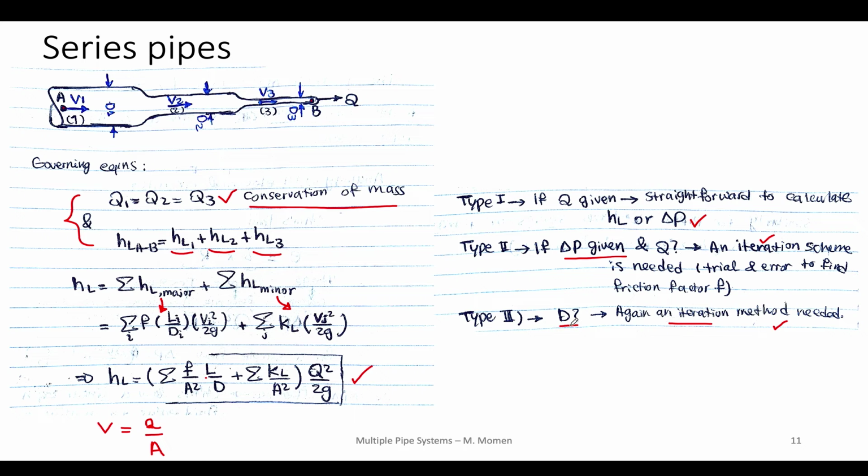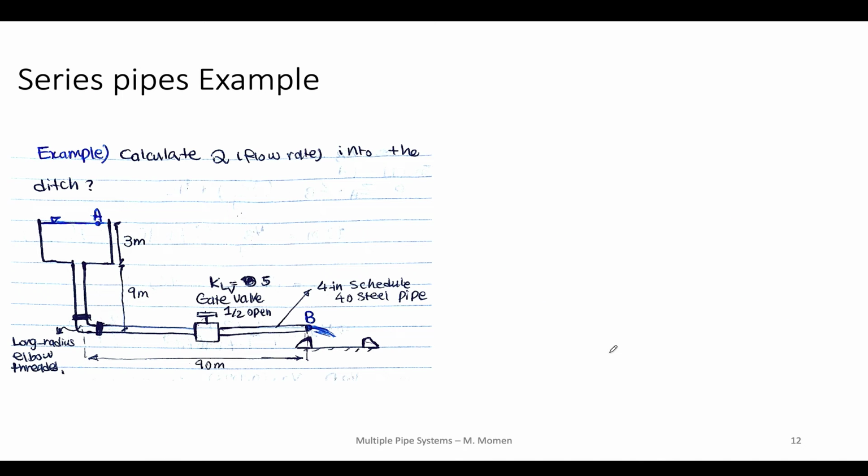After you do iteration over D values, then you can find the optimum D value, which satisfies all the governing equations, which are the mass conservation and energy conservation equations. Okay, so now that we learned how to calculate flow rate and head loss in a series pipe system, let's solve an example for these types of problems.